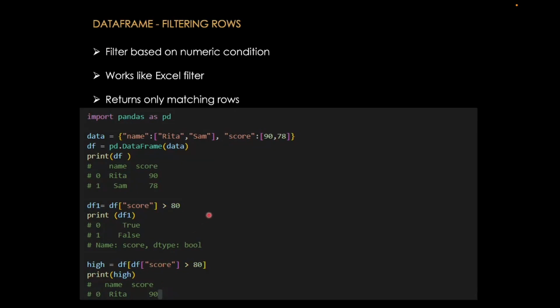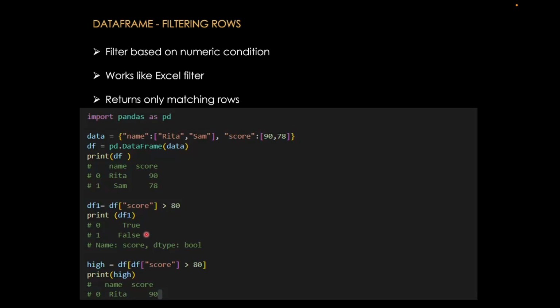Filtering a data frame: we can apply a filter. Like we have first defined this data frame, same as we defined earlier, and we say score greater than 80. What will happen? It will perform this condition on all the items and return true and false.